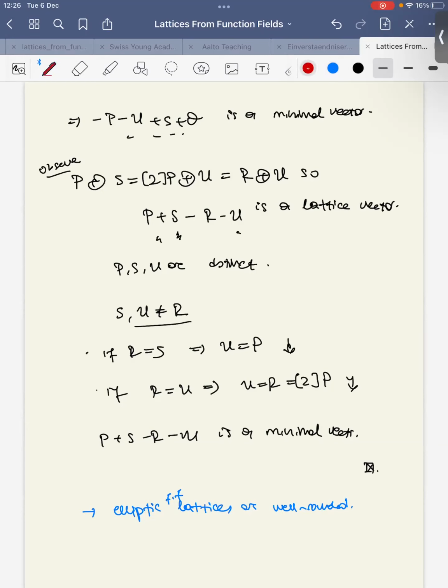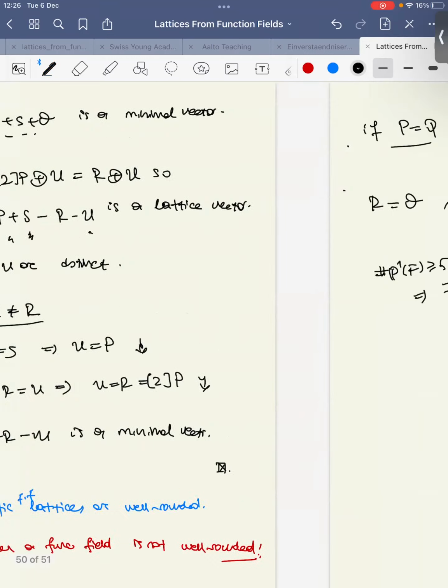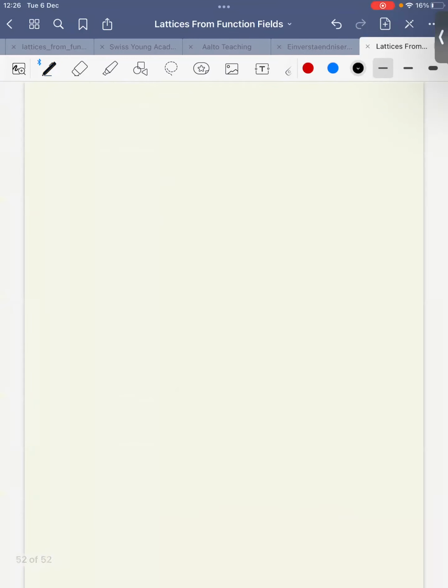And it was a natural question when a function field lattice is not well-rounded. It was answered in 2016 in the general setting, and hyperelliptic function fields will be a special consequence of this general setting, and we will see it soon.